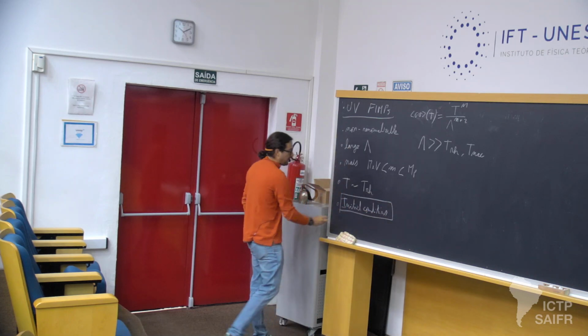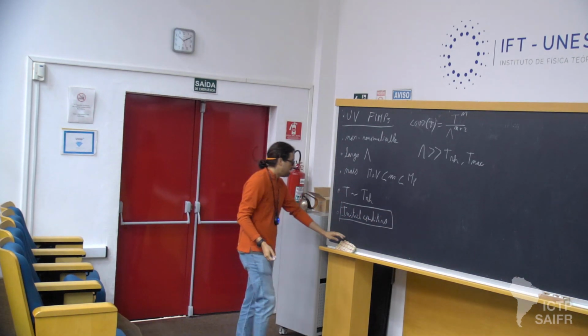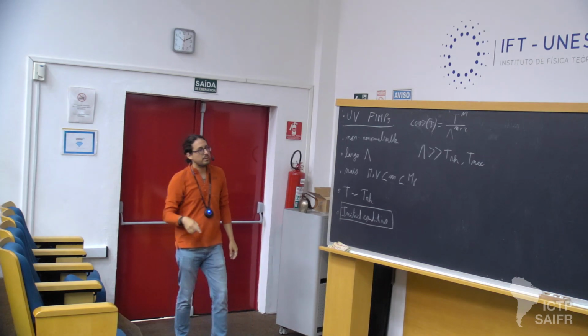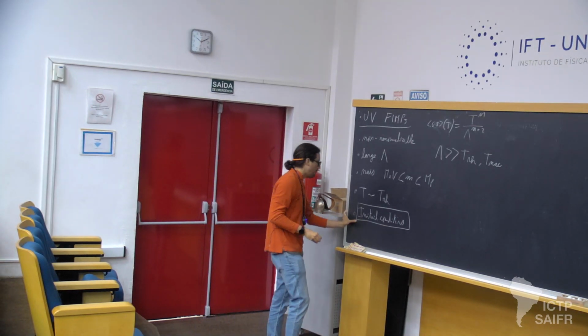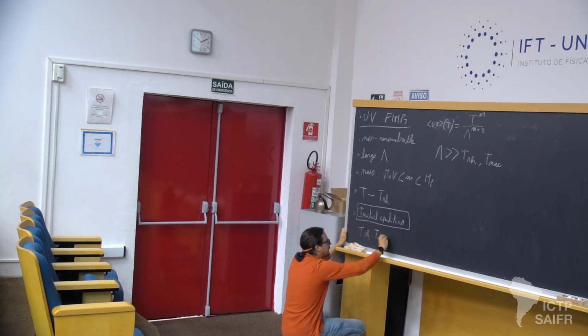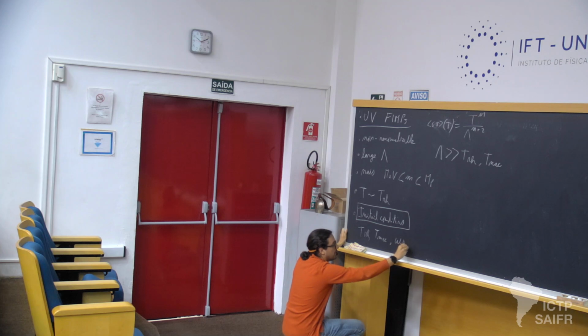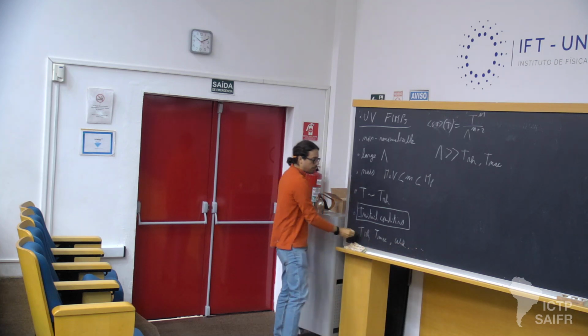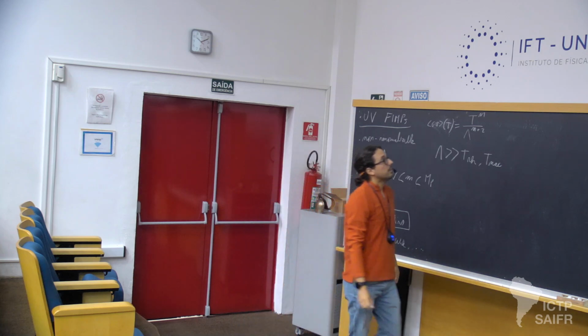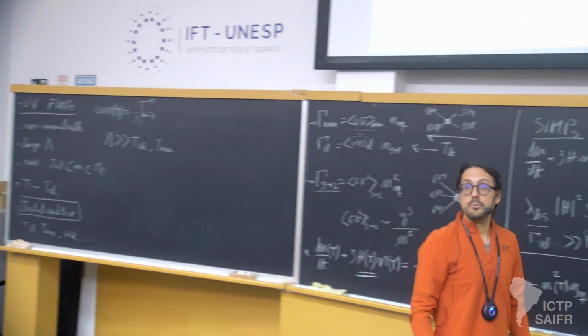You have a strong dependence on the initial conditions, and here it's even worse than maybe the infrared case, because you have a strong dependence on T reheat, T max, maybe the equation of state of the universe during reheating, omega reheating, and so on. All the reheating dynamics will be encoded in the solution of this ultraviolet freeze-in.